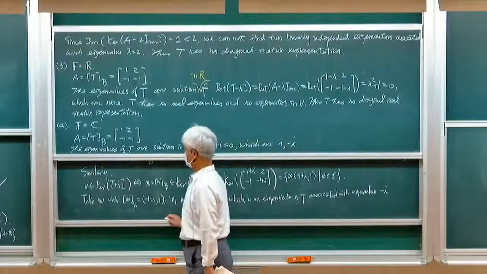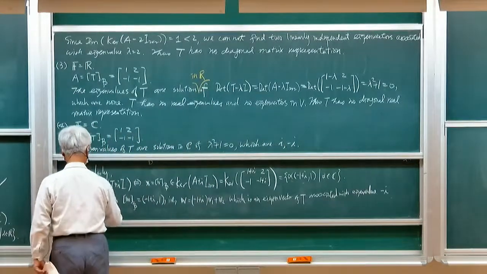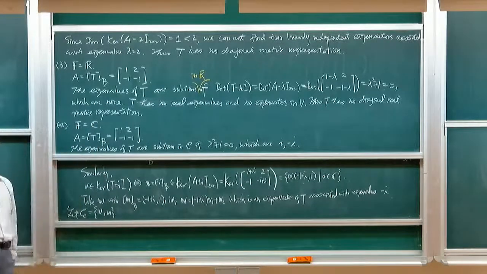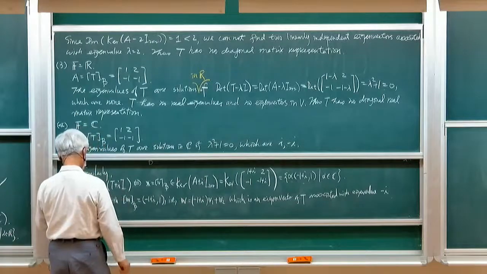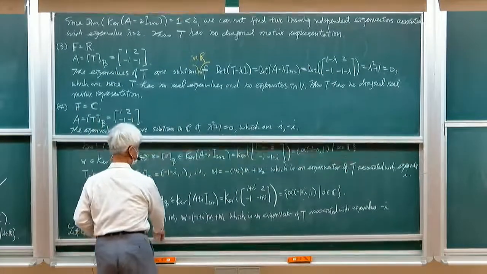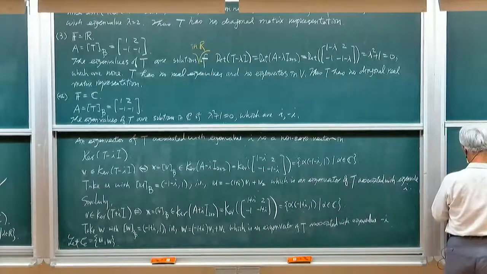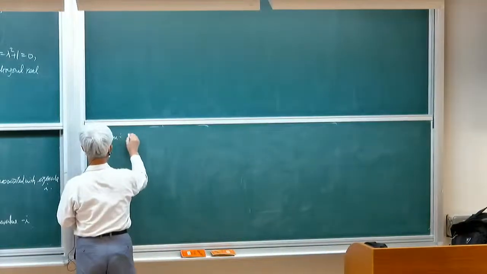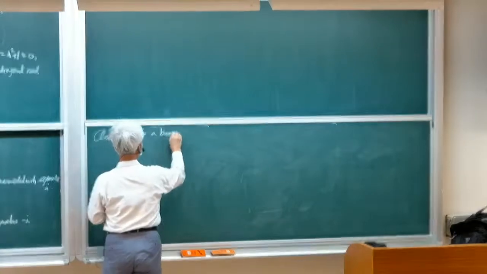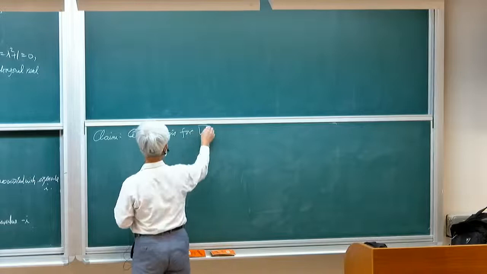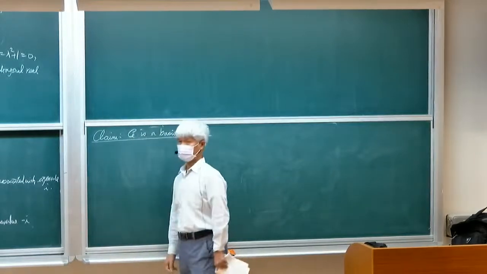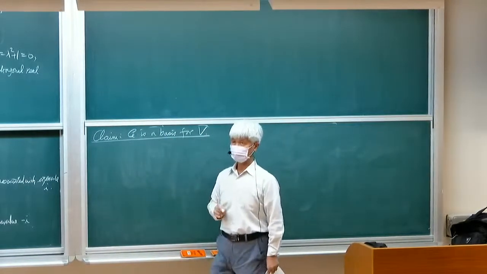Okay, and so we collect them together. We let C be the set of U and W, and we claim that C is a basis for V. Well, it would be sufficient if we prove that C is a linearly independent set.